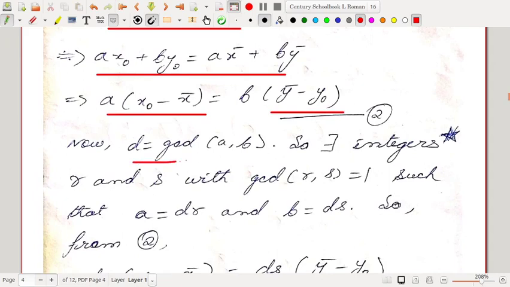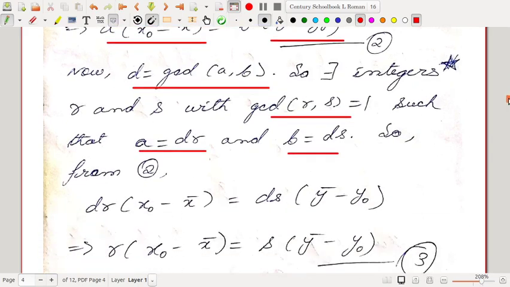Now D is the GCD of A and B, so there exist integers R and S with GCD of R and S equal to 1, such that A can be written as D times R and B can be written as D times S. This is also a property of GCD. Given any two numbers, we can write each number as the GCD multiplied with some number, and the GCD of the resulting two numbers will be 1.